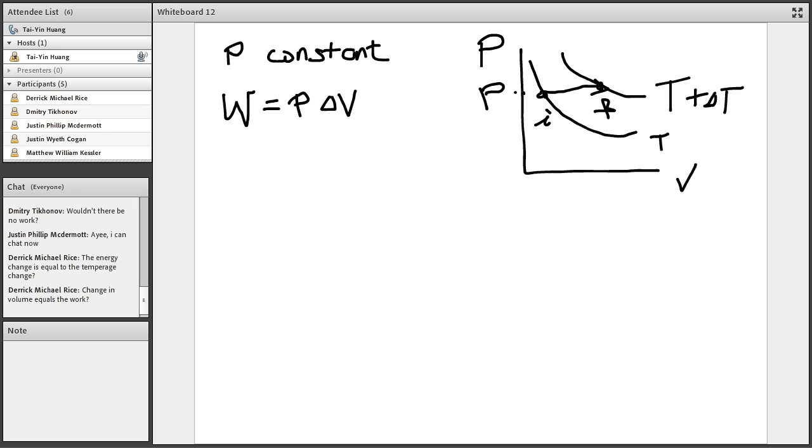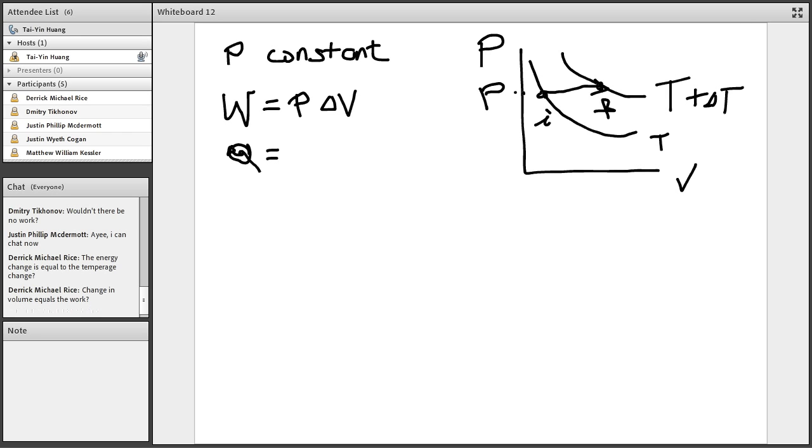What about the amount of heat that's being transferred? What would be the expression for the amount of heat at constant pressure? Again, we're going to use the same kind of expression.